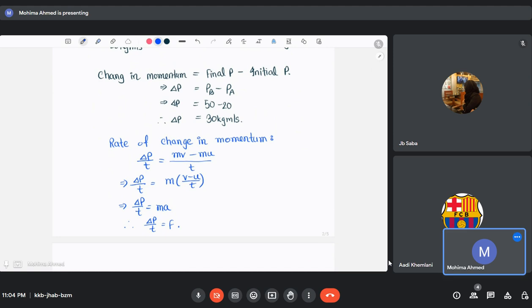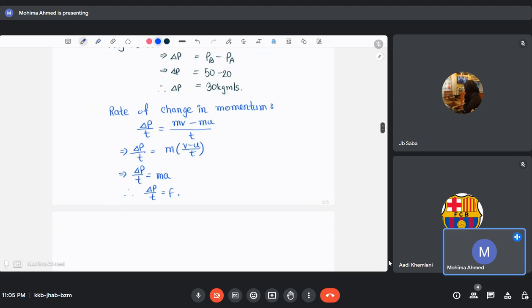For example, Newton's first law only gives us a hint about inertia, Newton's third law gives us a hint about action-reaction forces, and Newton's second law gives a hint about F equals ma. But in our A2, we have to focus on the entire sentence. Newton's second law states that the rate of change in momentum of a moving object is equal to the force applied.